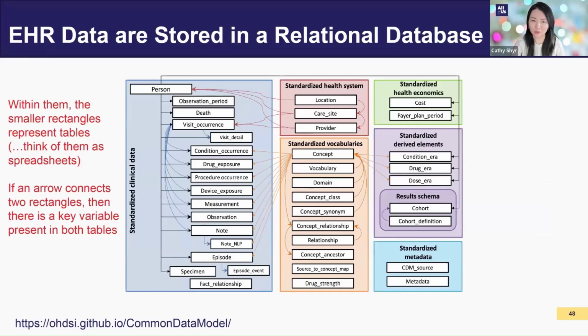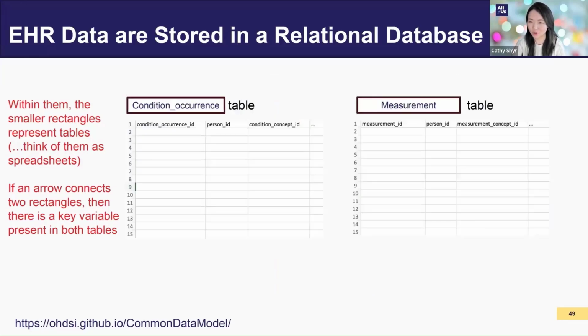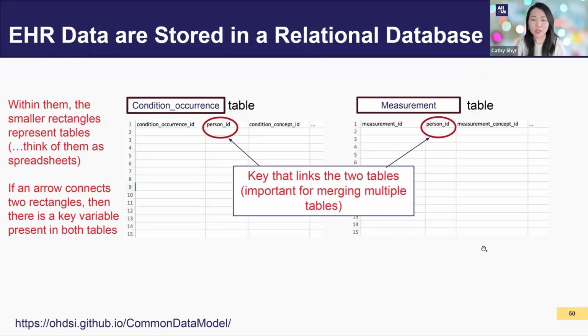Going back to our example with the condition occurrence table and the measurement table, can someone tell me what the key variable is here that allows us to join these two tables? Person ID, awesome. Yeah, exactly. This is a key that links the two tables, and it's very important so that we can combine or join tables together. We'll get some practice with this in just a little bit.